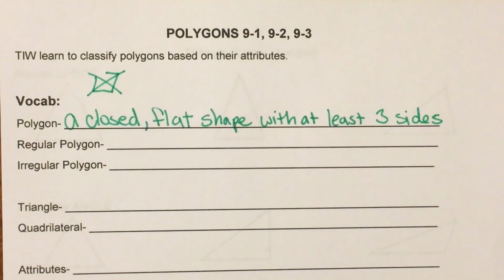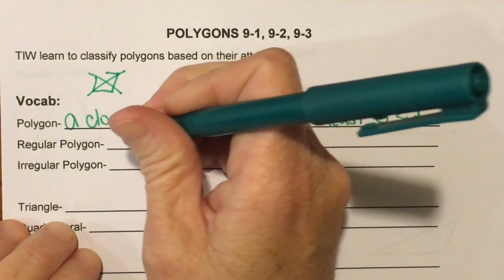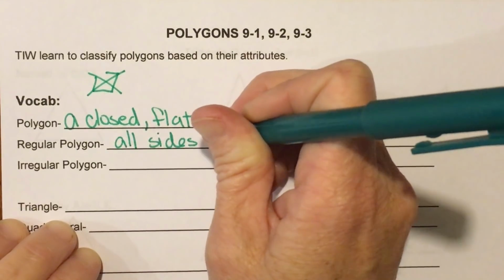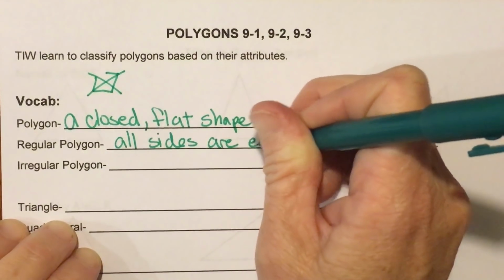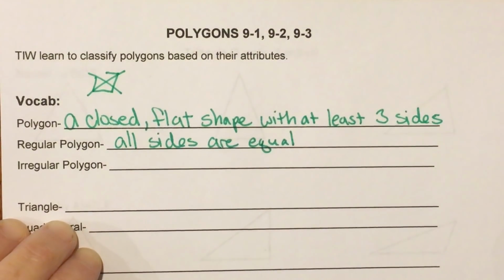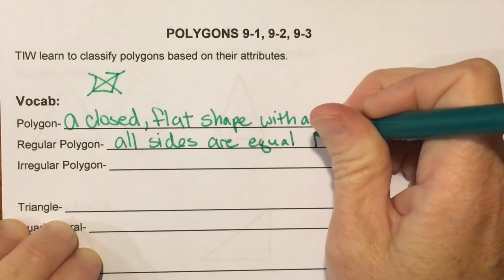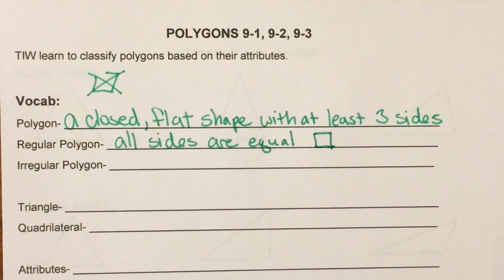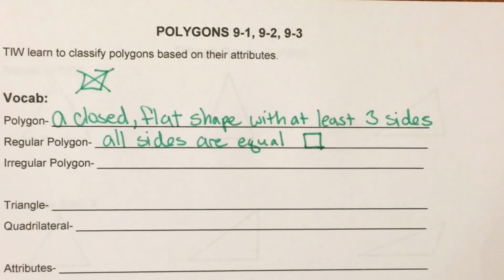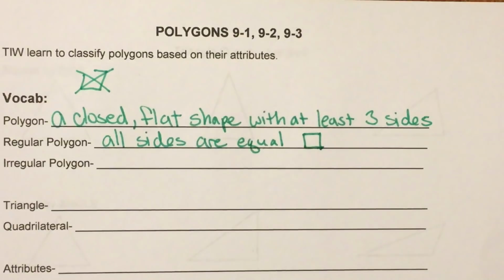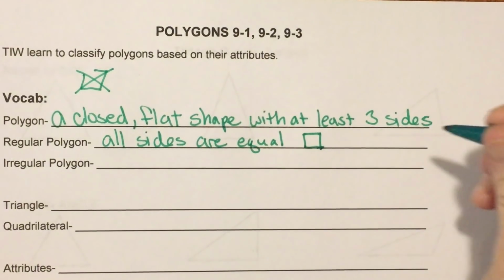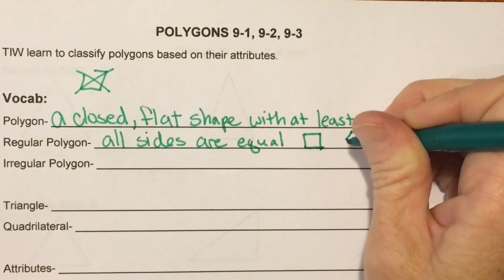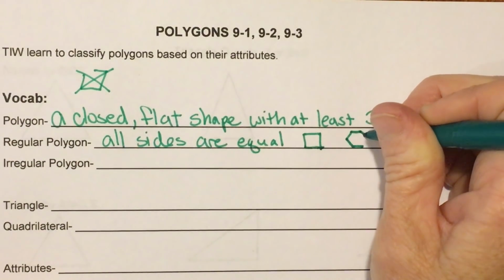Okay, a regular polygon is when all sides are equal. So a good example of that would be a square. A square has all sides equal, and it is a polygon. Okay, also maybe a hexagon, a 6-sided shape where all the sides are equal.